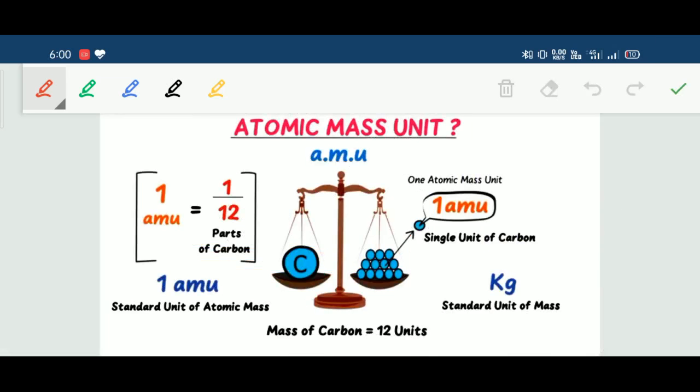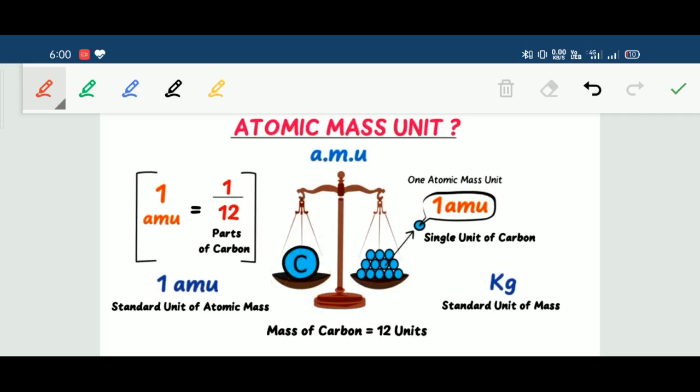Let's understand what this statement means. Now students, if we take a carbon-12 atom and divide it into 12 equal parts, then the mass of a single part will be equal to one atomic mass unit. In other words, one atomic mass unit is equal to 1/12th of the total carbon-12 atom.